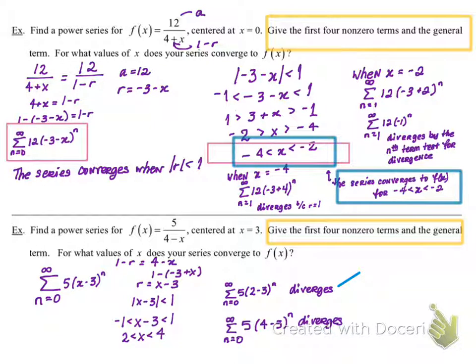The other one diverges because it's actually just 1, or actually 5. Oh, I misspoke. The first one is bouncing back and forth between 5 and 0. The second one is not bouncing back and forth. It's 5 plus 5 plus 5 plus 5 plus 5 plus 5 plus 5. So that's boring to listen to, so I'll stop. But both of them diverge.